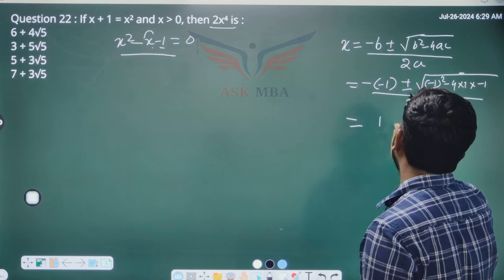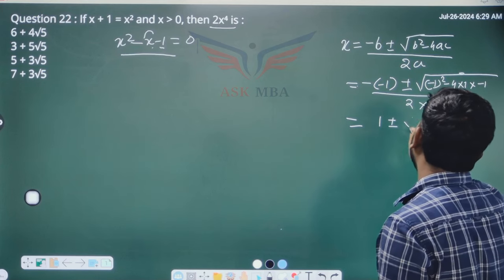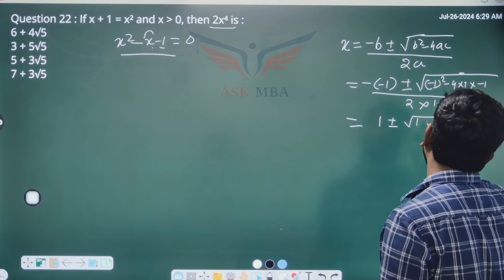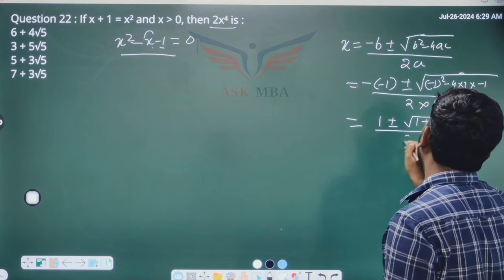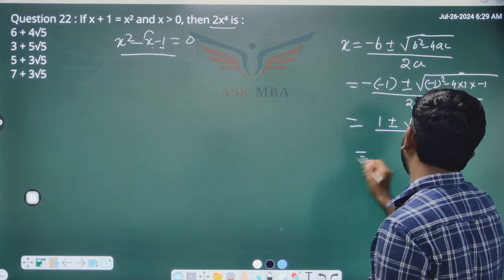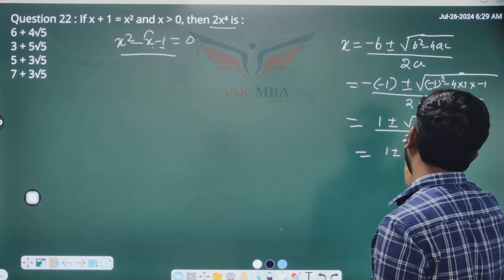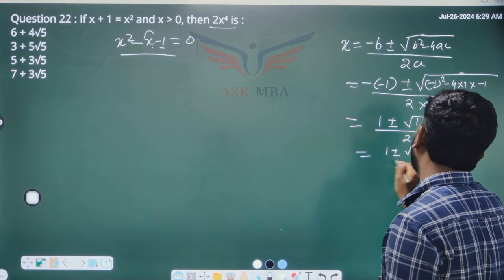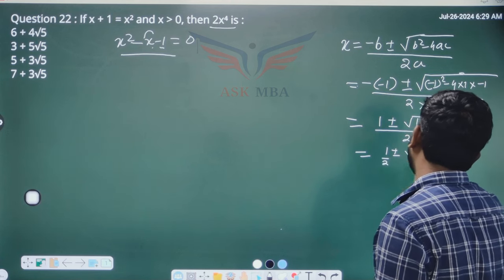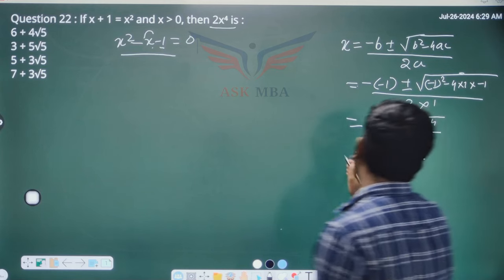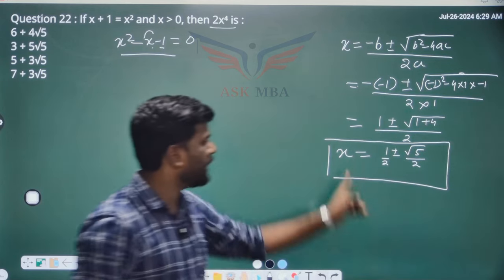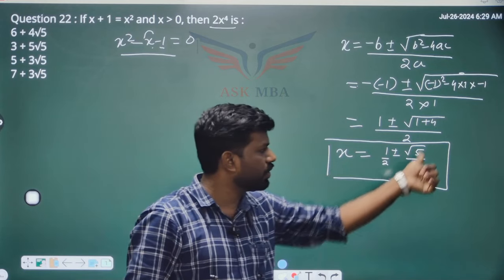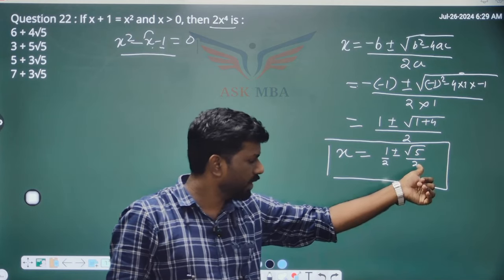From this, you'll get 1 plus or minus under root 1 square plus 4, divided by 2. So this will be 1 plus or minus under root 5, divided by 2. Separating, x equals 1 by 2 plus or minus root 5 by 2.